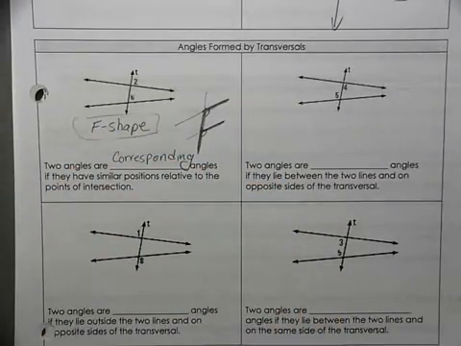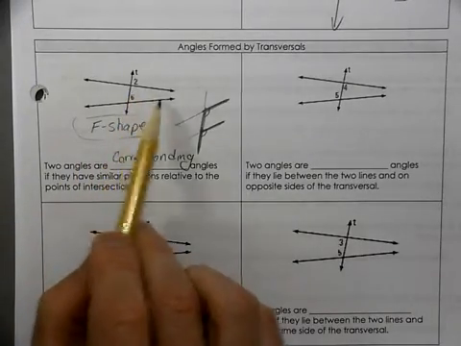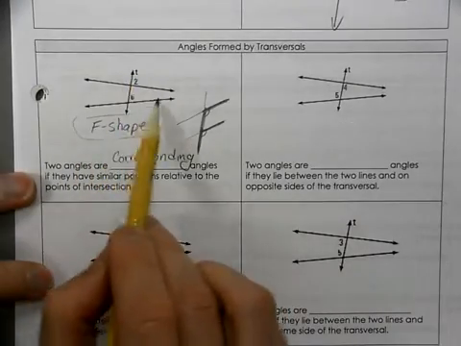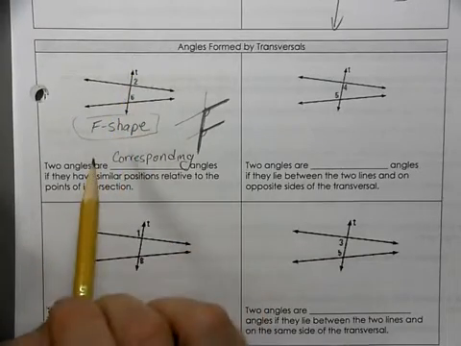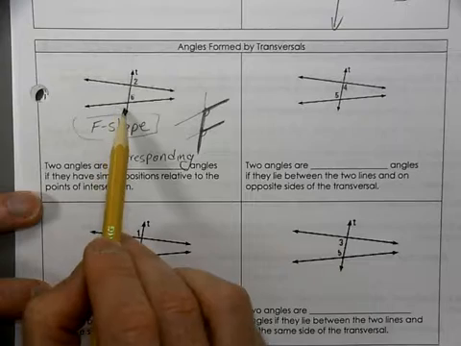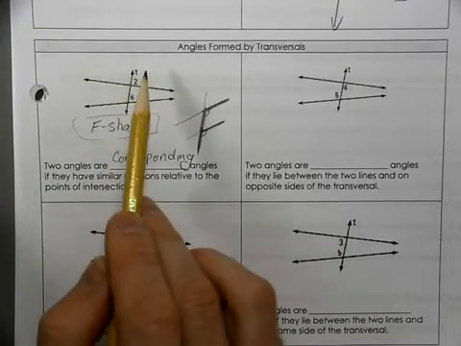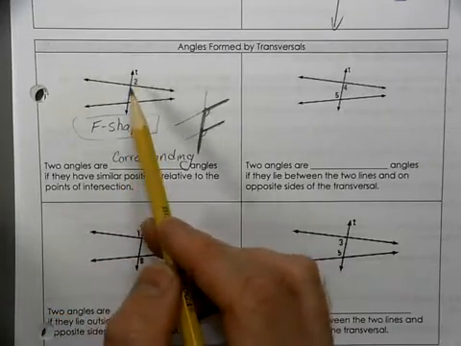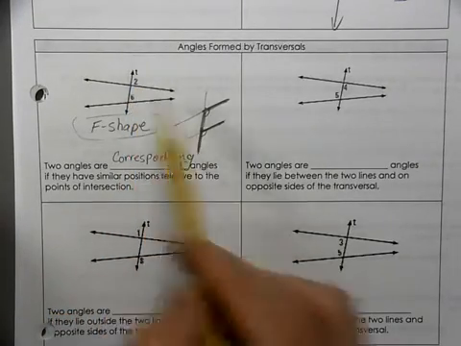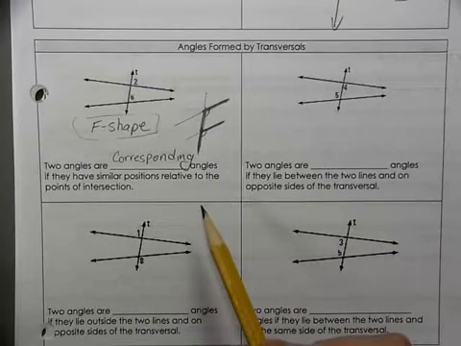So that might be one way to help you identify that. Now, of course, this F is kind of upside down. Or it could be backwards if it was focusing on two angles out here. But the key part is that they're on the same side of the transversal. They're both above the line in this case, or they're both below the lines in this case.